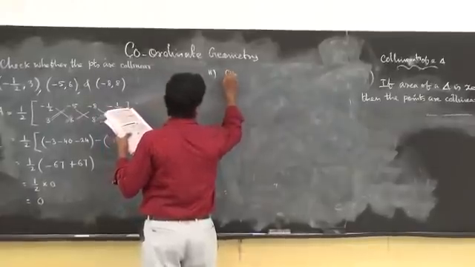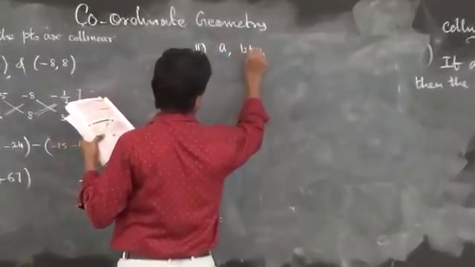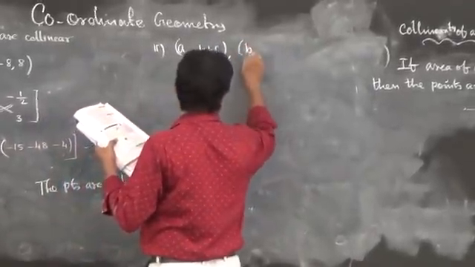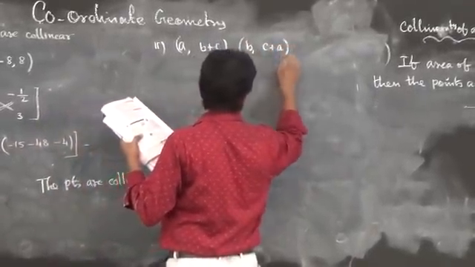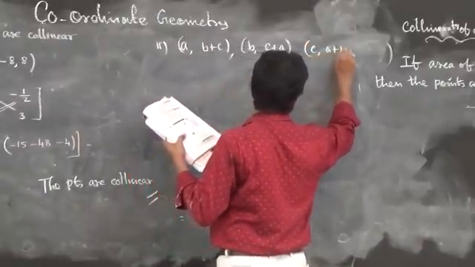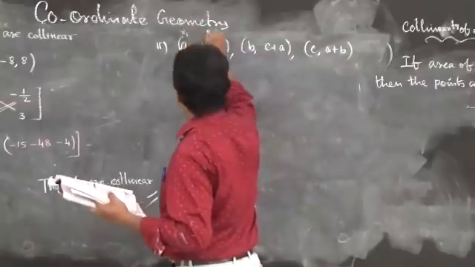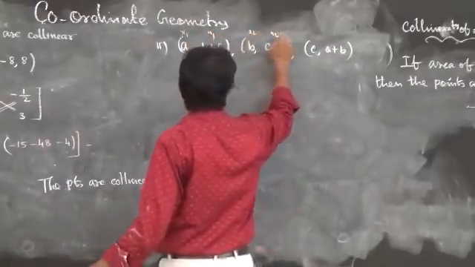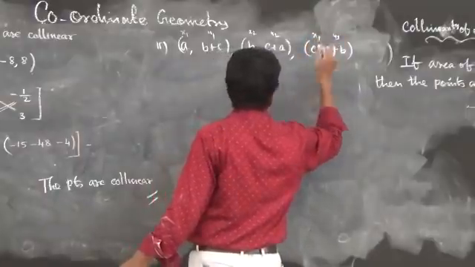Suppose the points are A, comma B plus C; next is B, comma C plus A; and C, comma A plus B. So x1, y1, x2, y2, x3, y3.